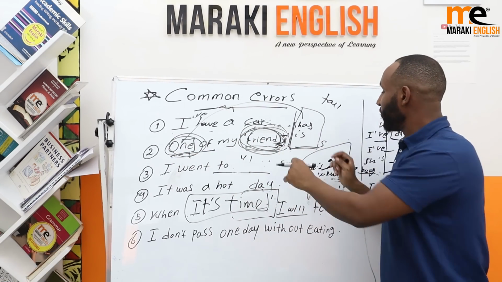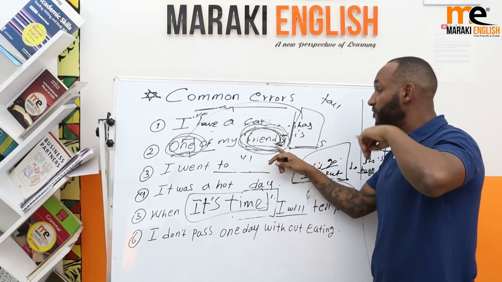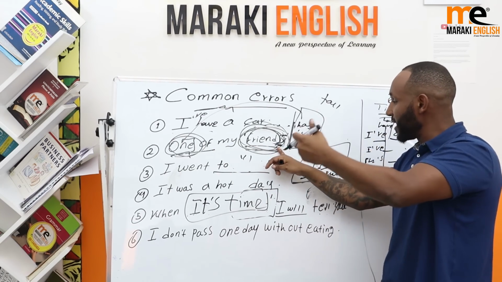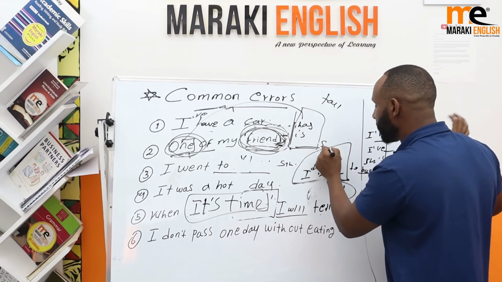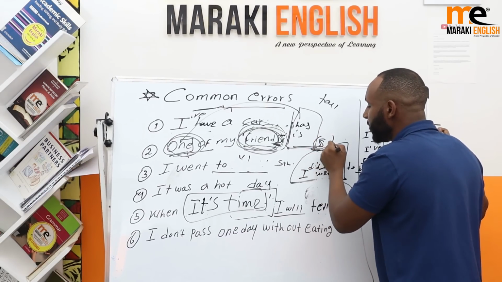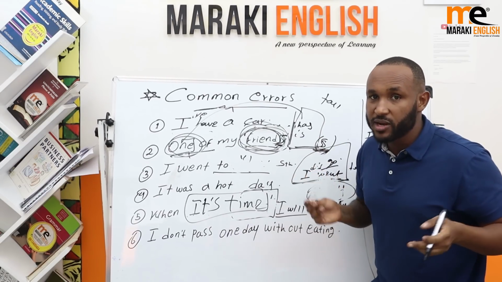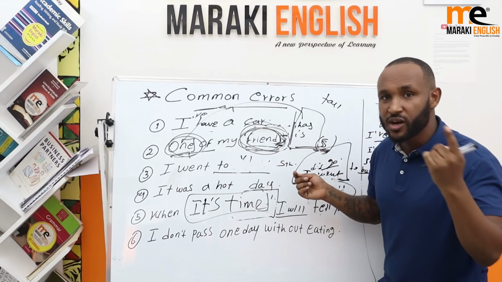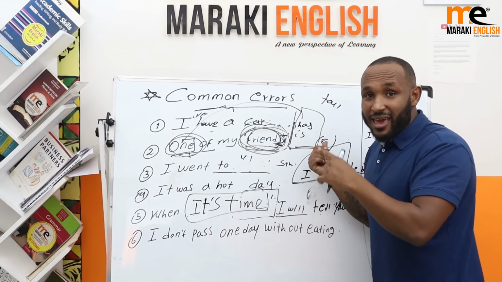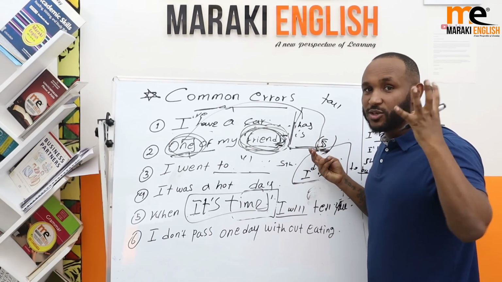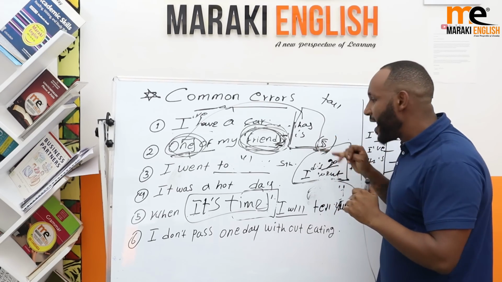So we say one of my friends is, one of my friends has, or one of my friends, and then follow it with s, because we're using simple present. If you have to add es, if you have to add ies, go back and watch simple present, and you're going to have a clear understanding of why I added this here.